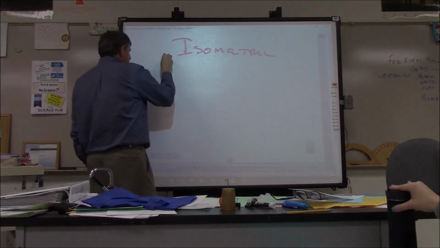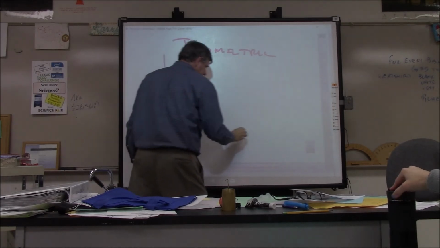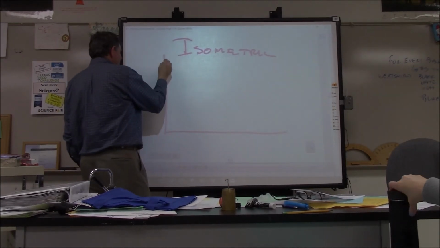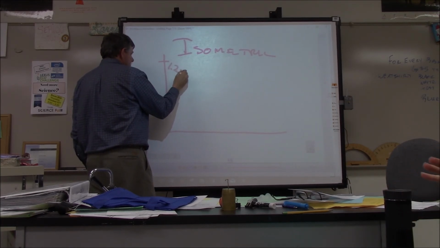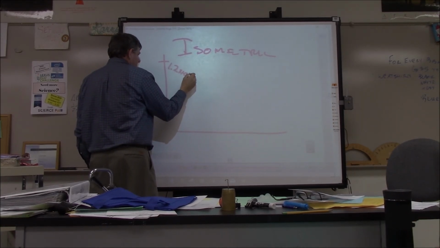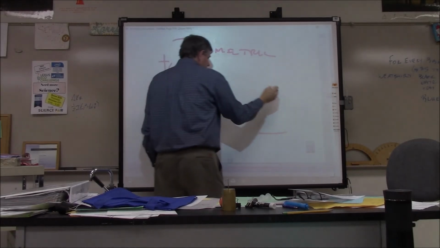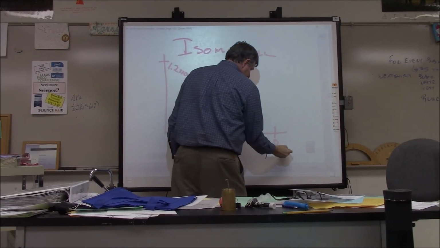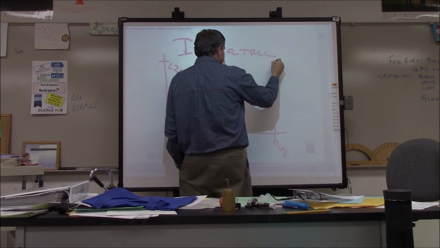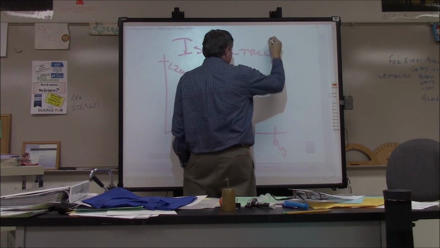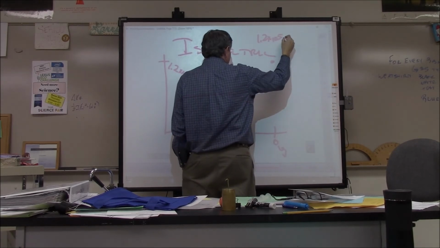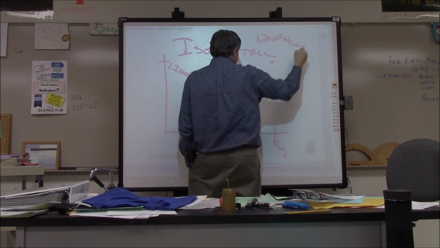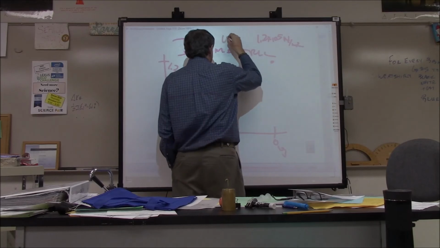So visualize this. We'll keep the same numbers. We're out here at 0.03, and at this point we're at 1.2 times 10 to the 5th newtons per square meter.